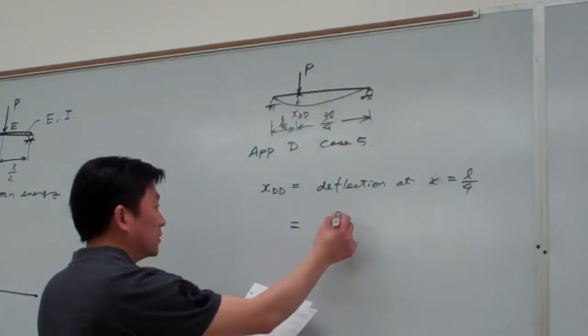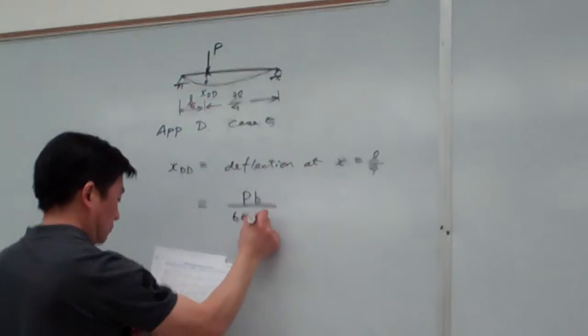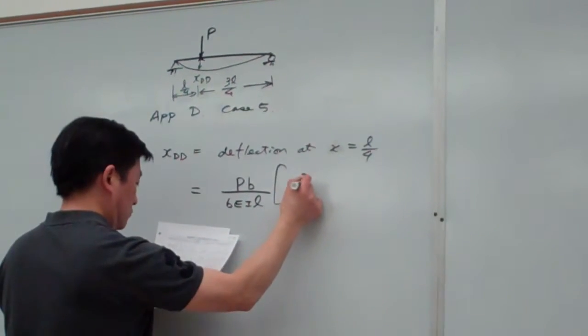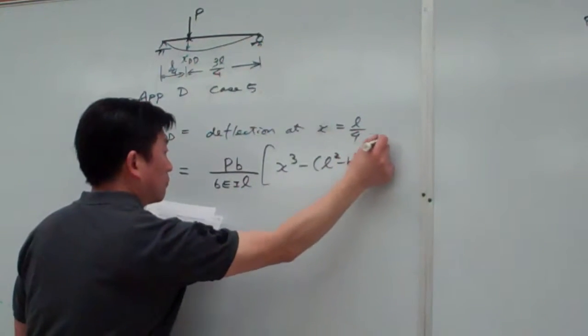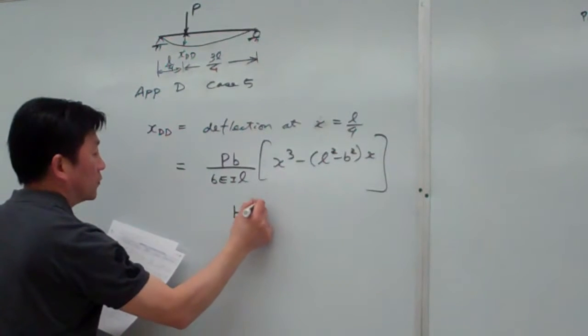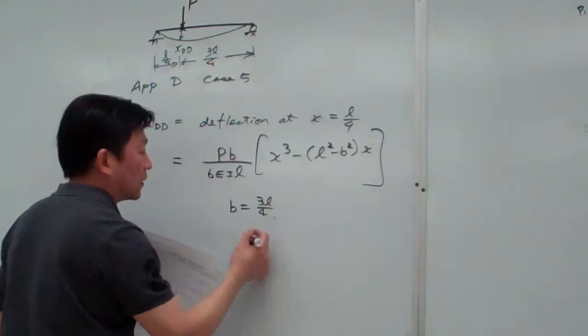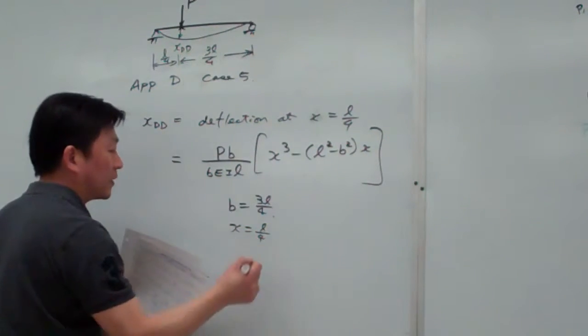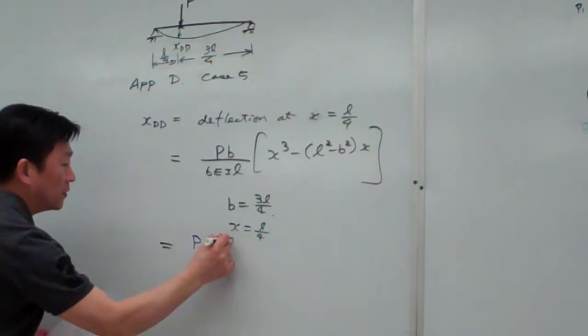Let me write out the equation first. So here the B equals 3L over 4. Okay? So we're going to calculate the value at x equal to L over 4. So we simply plug in everything here.